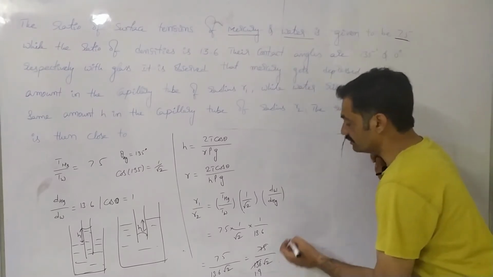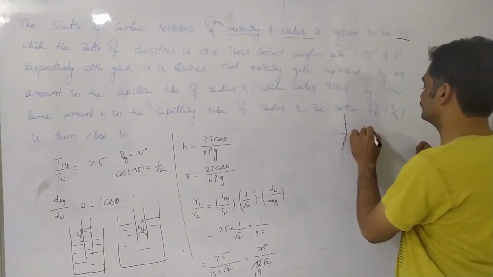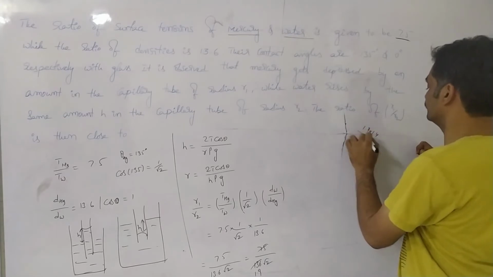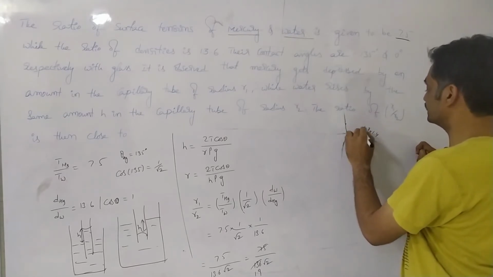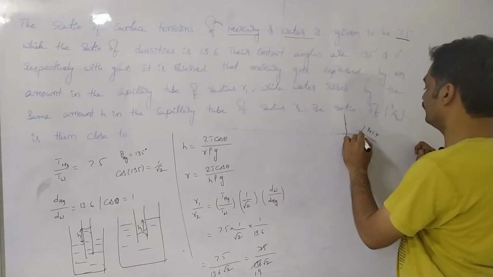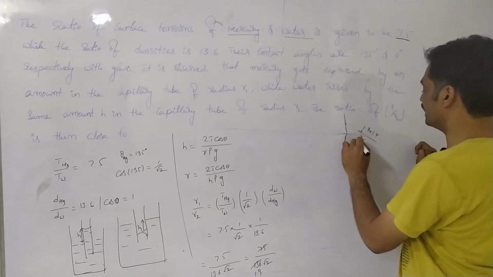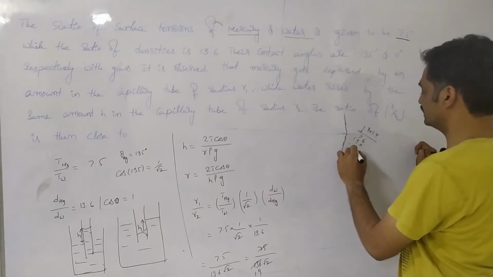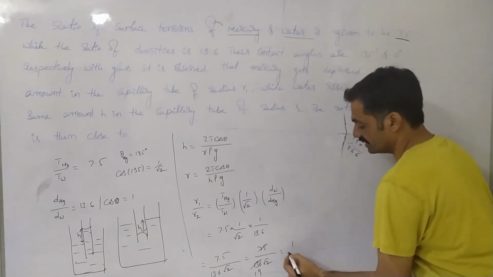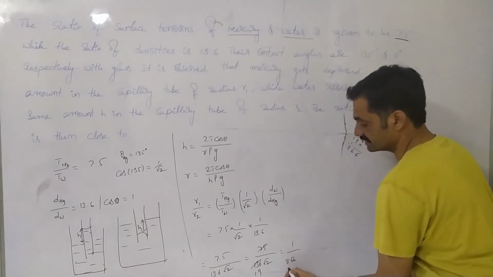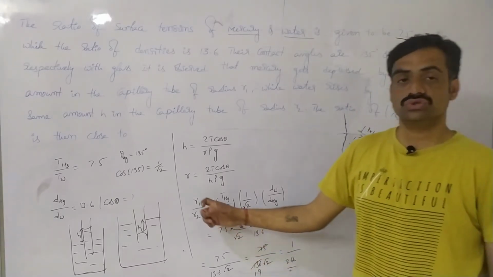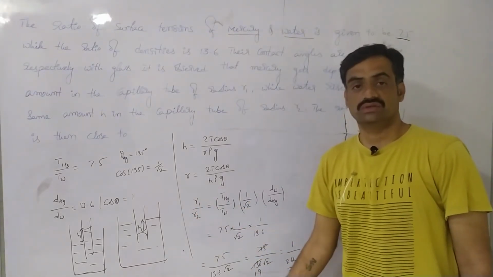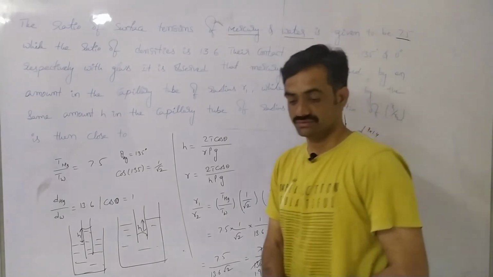So now 1.9 into 1.4. 4 9s are 36. 4 plus 3 is 7. So here we get 1 by 2.66. So this is the ratio of r1 by r2. Take a screenshot. We'll continue.